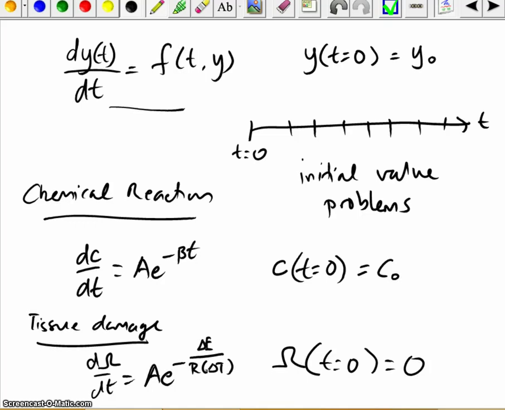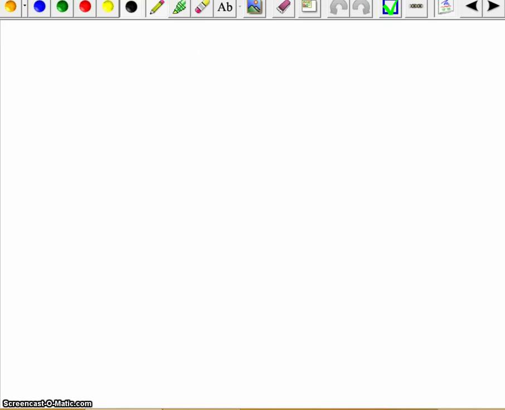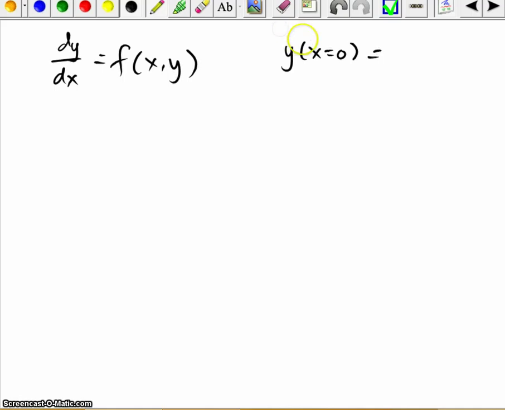This kind of ODE, where the initial values are given, are the initial value problems, and we have learned a few techniques that we can use to solve them. What we want to do in this lecture is to solve this type of ODE. Again, you have a first order ODE, but right now, instead of knowing the value at the initial condition, you are given the value at the end condition or the boundary condition.